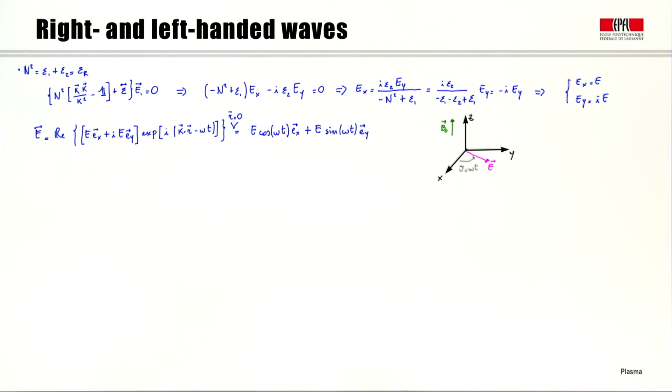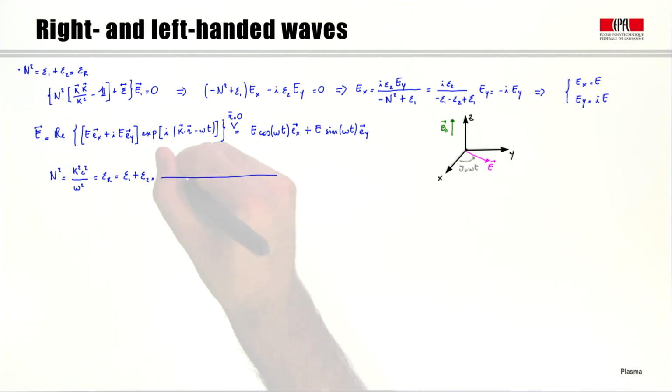Now let's look in more detail at the dispersion relation of the right-handed waves. What we have is that n squared is equal to k squared c squared divided by omega squared, which is equal to epsilon R, that is epsilon 1 plus epsilon 2.